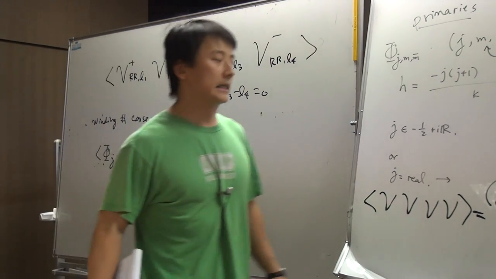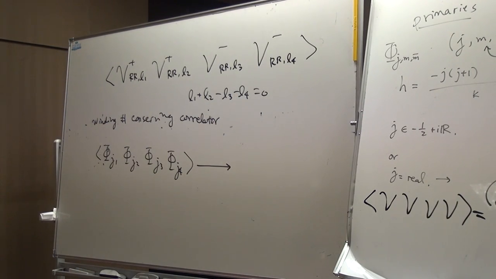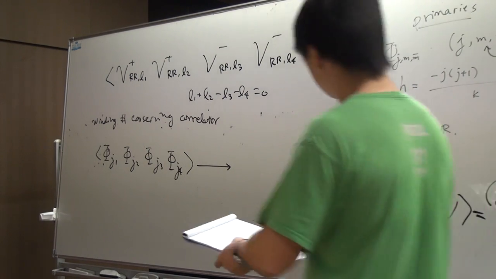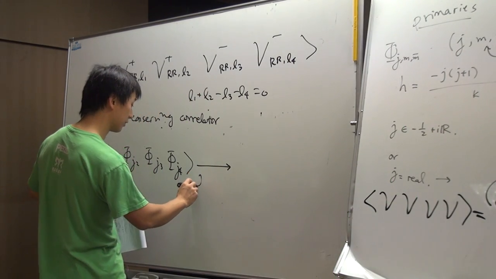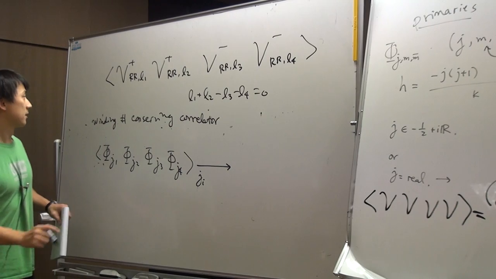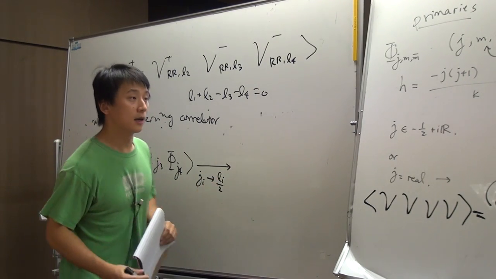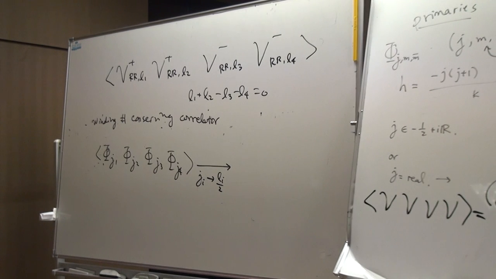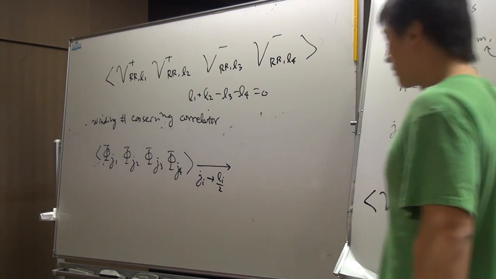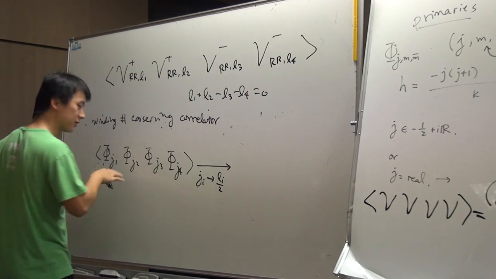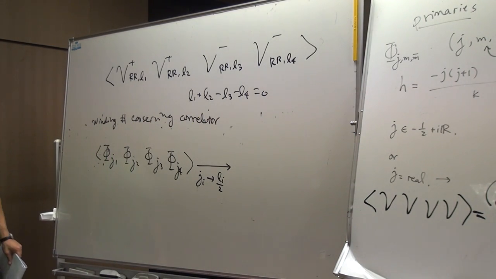In order to get these normalizable vertex operators, you have to take a limit of these Ji approaching some special value, say Li over 2, where J is L over 2, and L is an integer here. So you start with some generic real values of J, you can calculate this correlator, and then you take this limit.